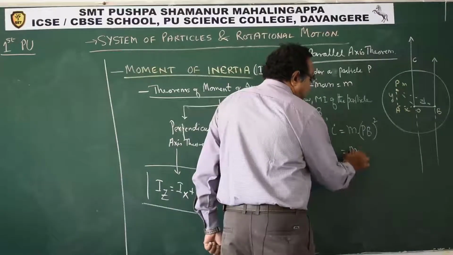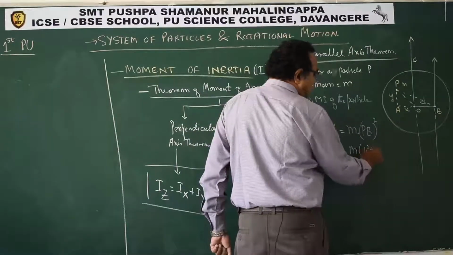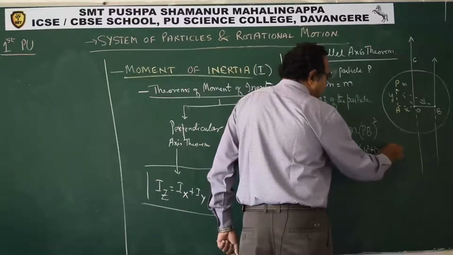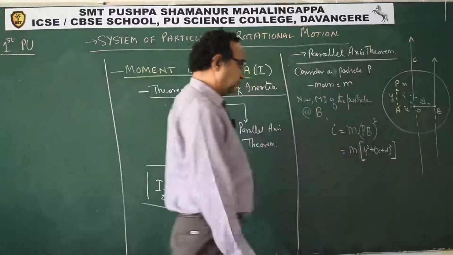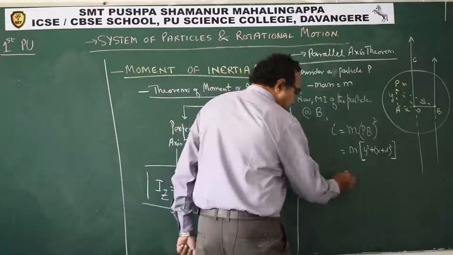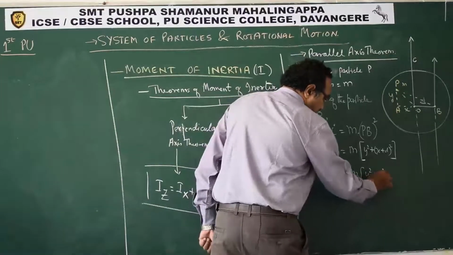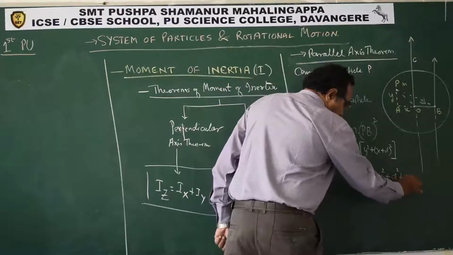So this is m. How much is PB? I can write it as y square plus x plus d whole square. Now simplify this. This is m times y square plus x square plus d square plus 2xd.